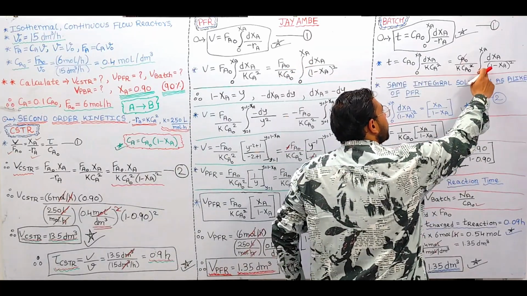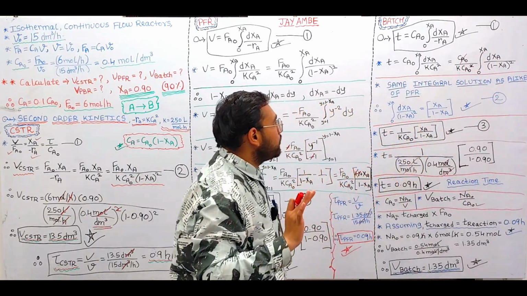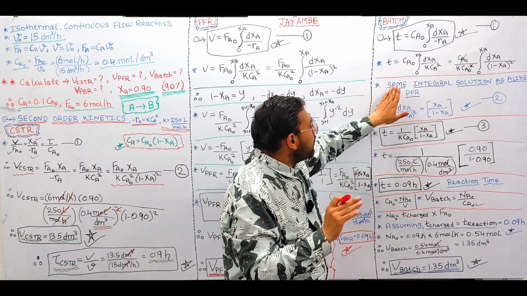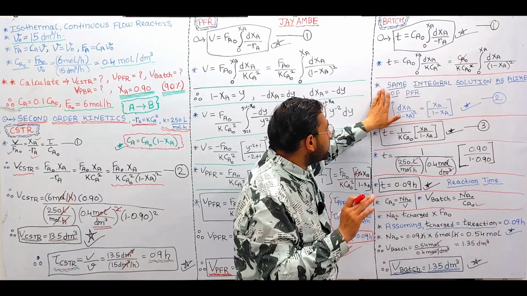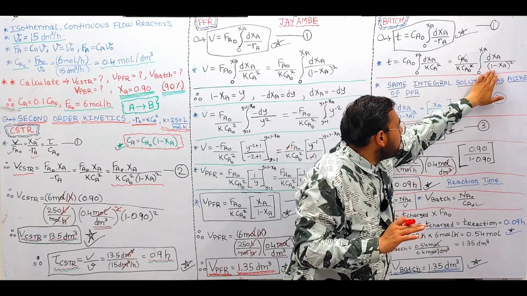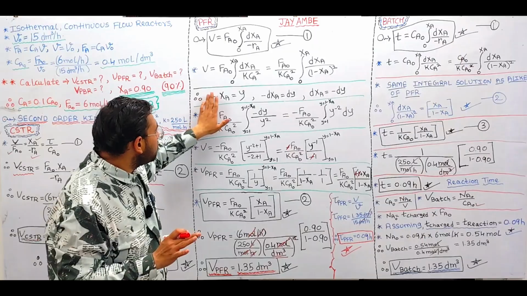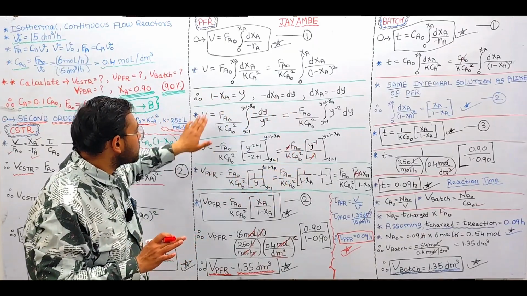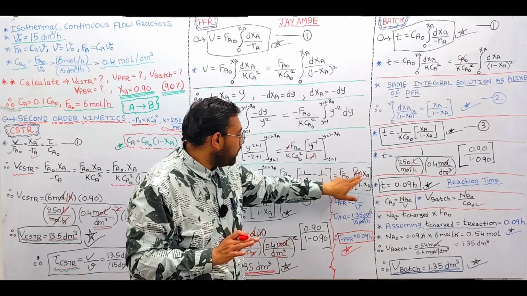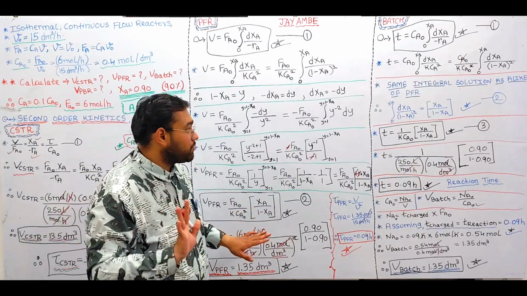Due to the same integral, the solution will remain the same as the PFR, where we finally obtained Xa upon 1 minus Xa. I hope you have understood.